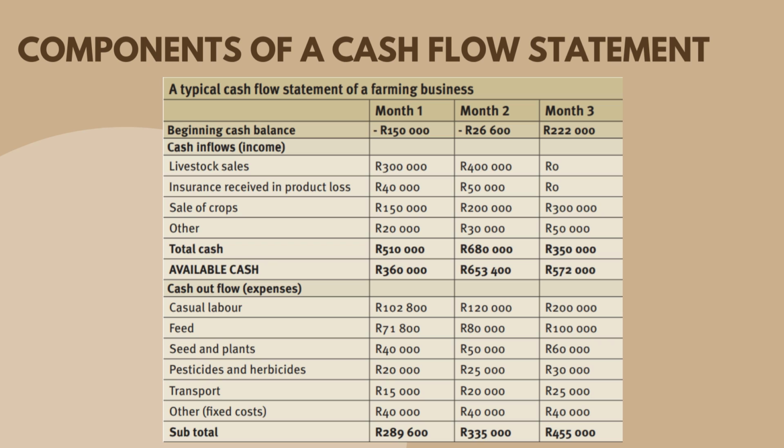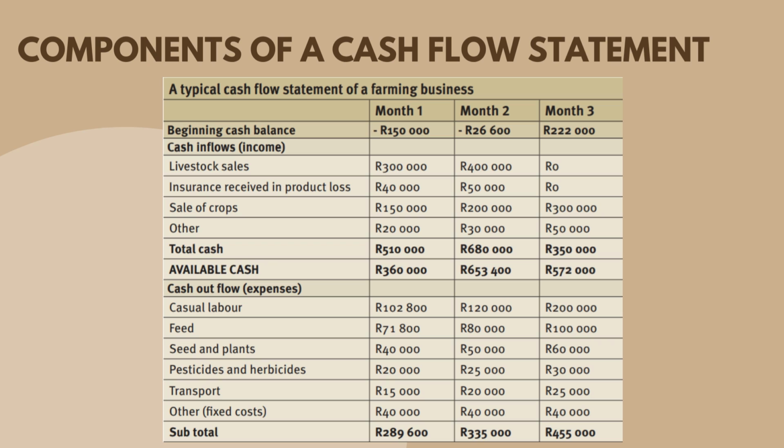So, when we're talking about income, we're talking about the receipts of cash coming in or even from sales, right? Then we've got expenditure. That is another component of cash flow. Now, these are payments that have been made, such as wages, fuel, as well as other costs, basically, right?